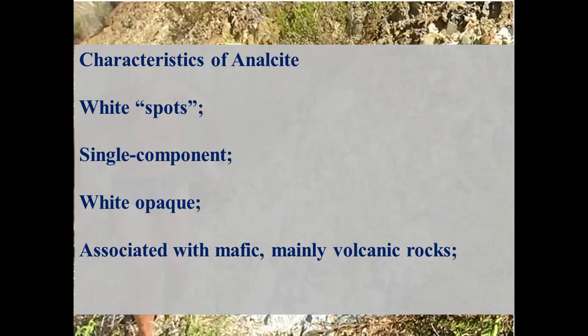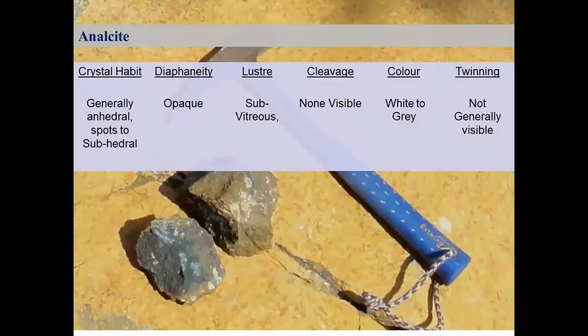If you've got the other zeolites, they tend to be more creamy coloured, pale red, brown, even pale green. So they tend to be more coloured than the white of the analcite. Right, so that's analcite. Let's put that into its general format now, so that we can be uniform in what we're doing.